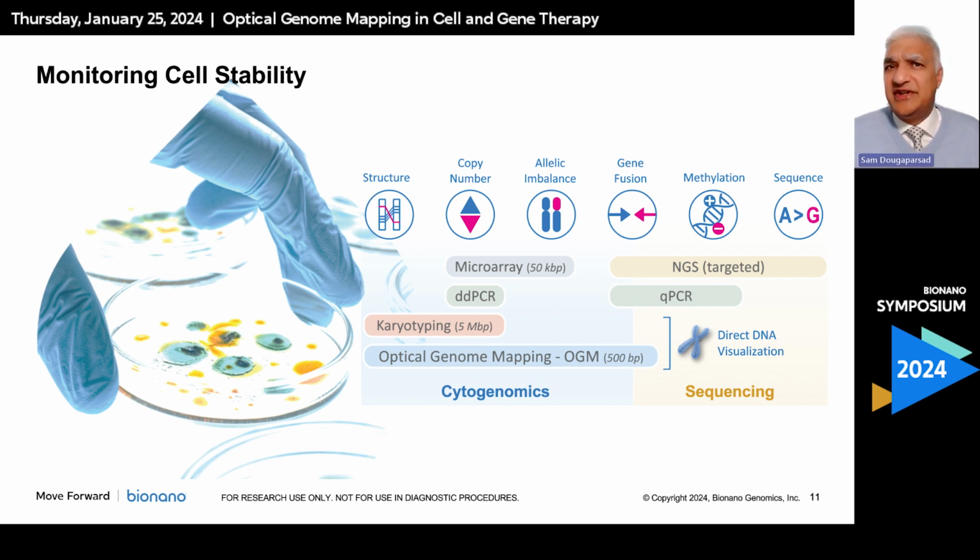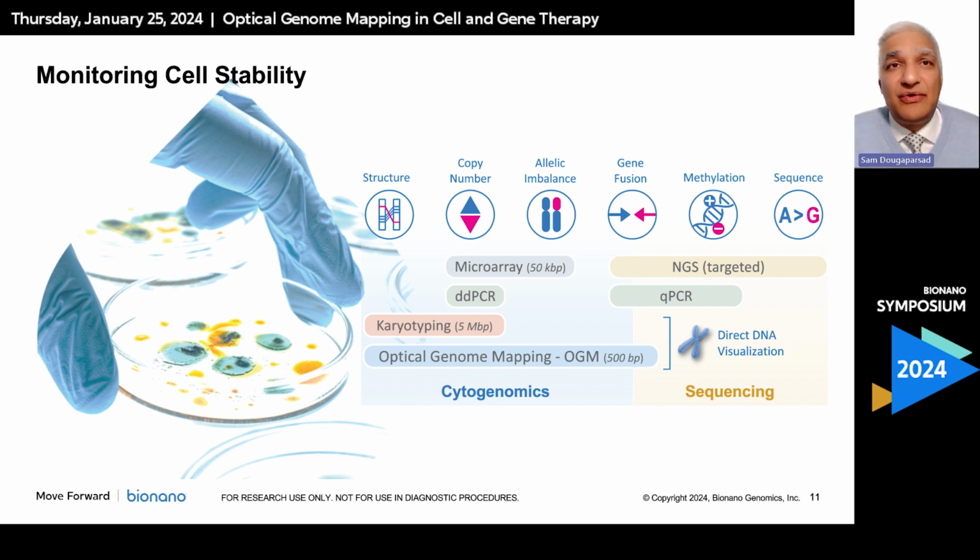But what if we could adopt a genome-wide methodology with a detection range from structural variants to gene fusion, sensitive for clonal heterogeneity and cost-effective? So here comes optical genome mapping, or OGM for short, a next-generation cytogenomic technique that can detect structural variants and gene fusions in a single assay at a higher resolution than conventional cytogenetics in a very cost-effective workflow.